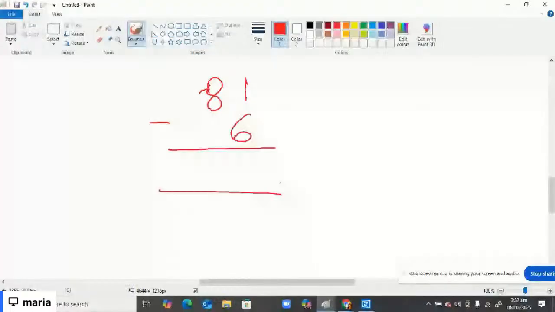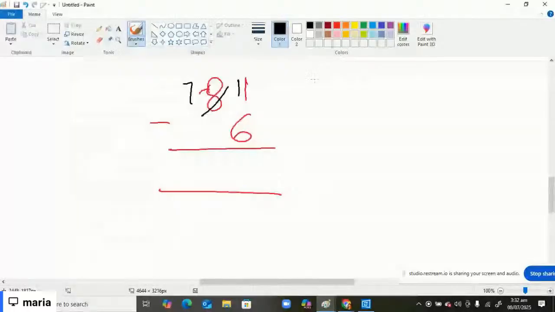So now everyone tell me, is 1 out of 6 possible? No, so what we do is borrow from the 8. 8 becomes 7, 1 becomes 11.